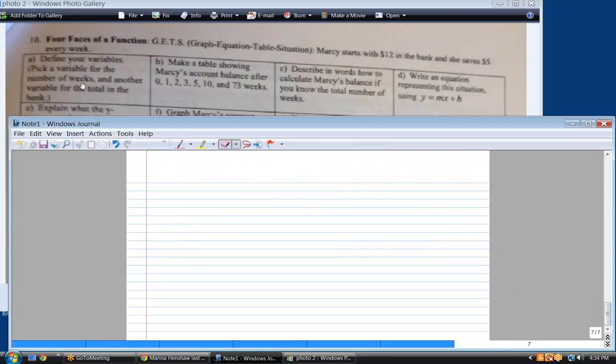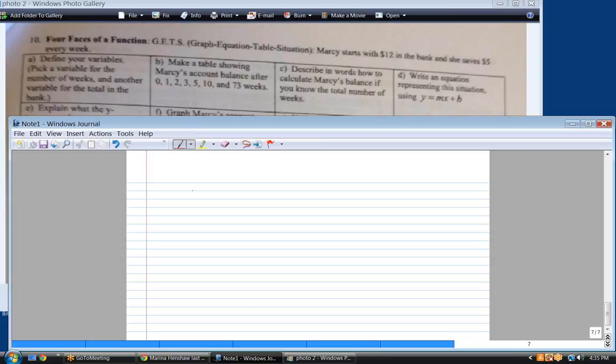All right, pick a variable for the number of weeks and another variable for the total in the bank. Go ahead, you can pick any variable you want. Pick a variable for the number of weeks.